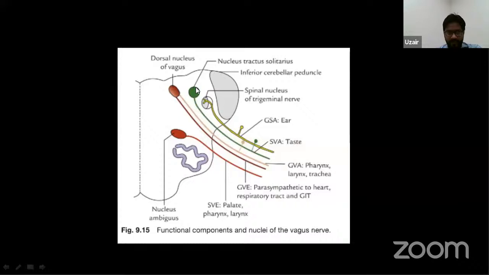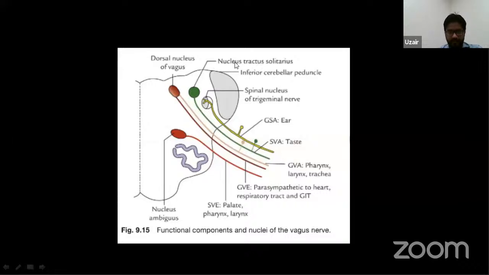Then we have the dorsal nucleus of the vagus, having two types of fibers. General visceral efferent carries parasympathetic outflow to the heart, respiratory tract, and GIT. Its other component is general visceral afferent, which carries afferent visceral sensations from the pharynx, larynx, and trachea all the way up to the dorsal vagus nucleus.